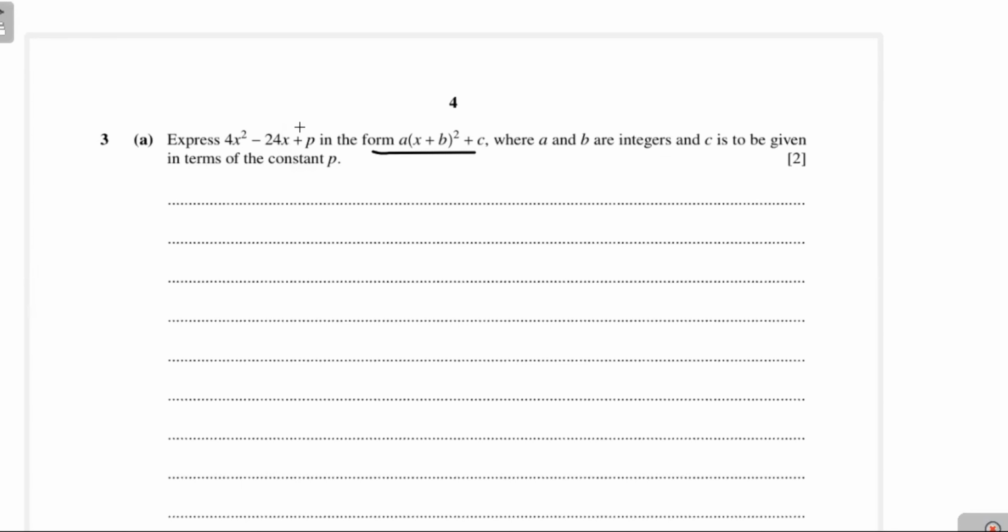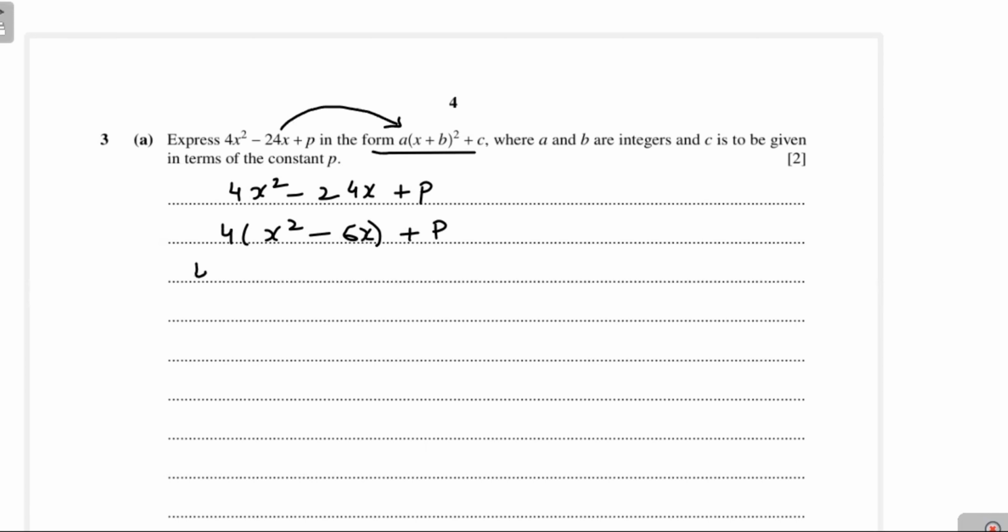We have to convert this expression into this form. Now we write this expression 4x square minus 24x plus p. Now we take the common, here 4 is common, that becomes x square minus 6x plus p.